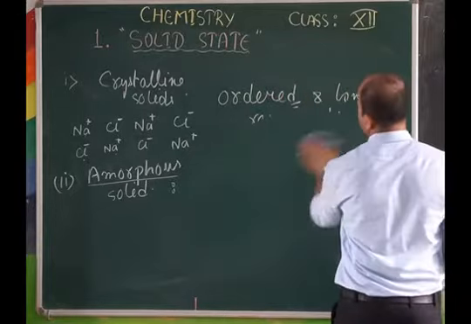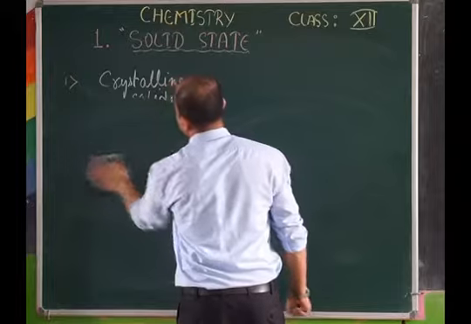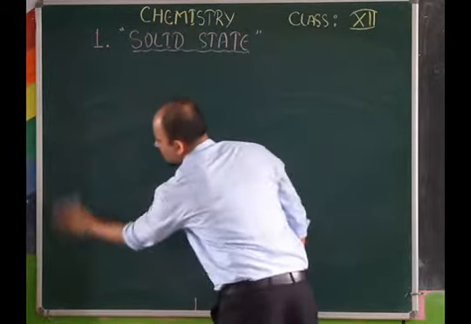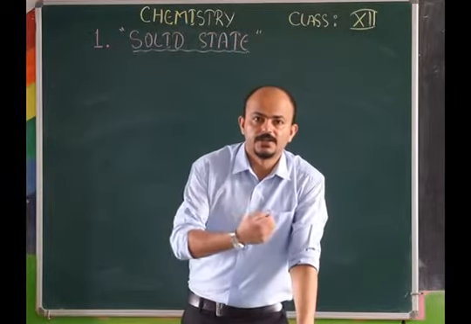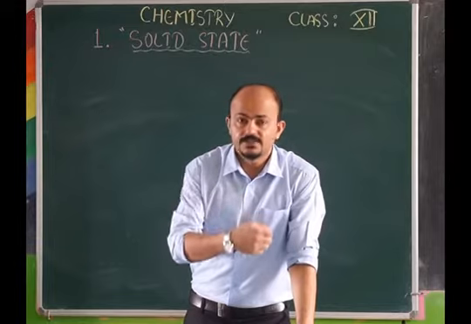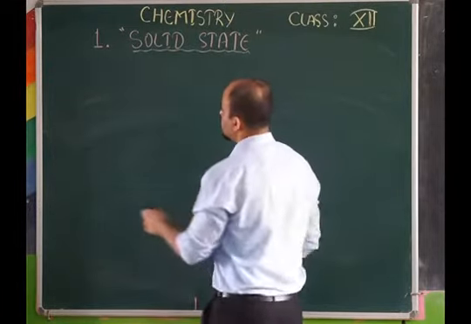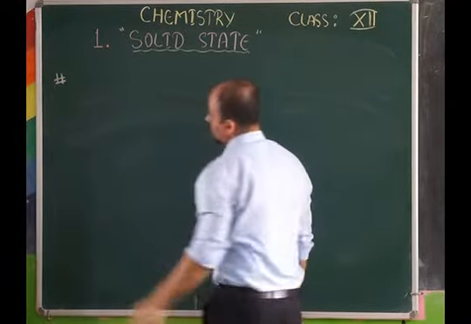As we know, the body of a living being is all made up of cells. Our body is made of cells. Similarly, in solids also, you have to be very careful here.